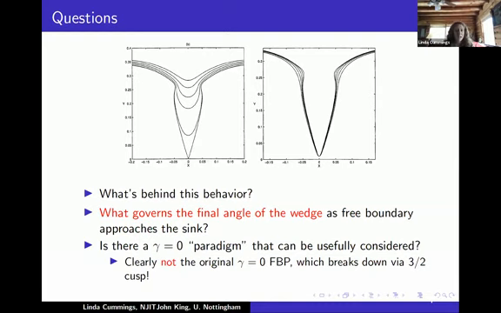And is there a zero surface tension, what you might call a paradigm solution, that can be usefully considered to think about problems of this kind? Obviously, we don't want to think about the original zero surface tension problem, where we start with a circle with an off-center sink, because the behavior has dramatically deviated from that solution. It's forgotten all about that initial state. So the right zero surface tension problem to explain this final time behavior has to be something else.